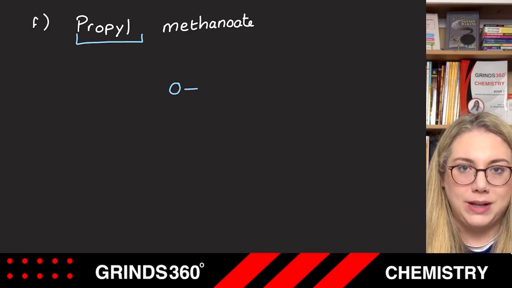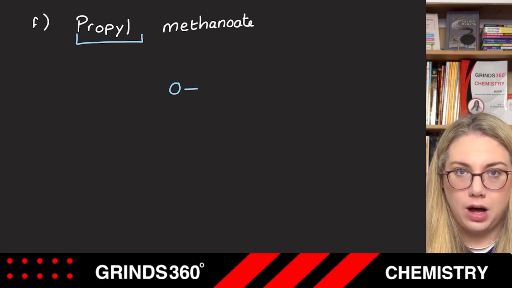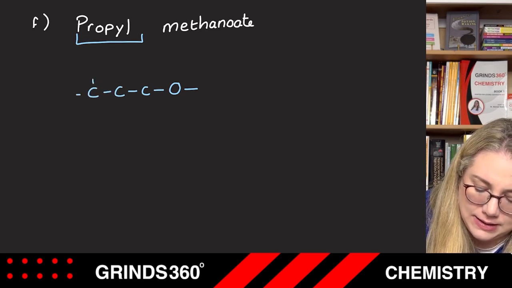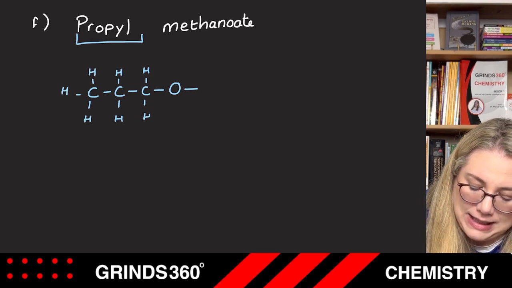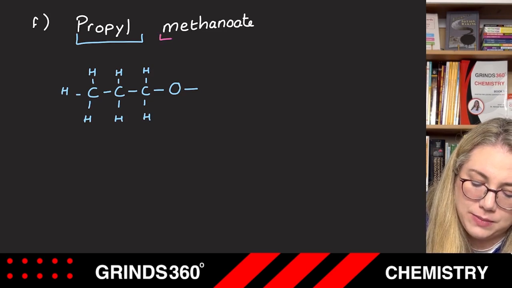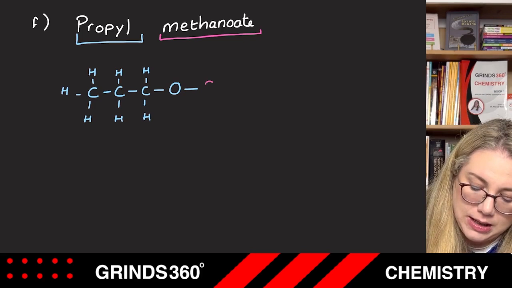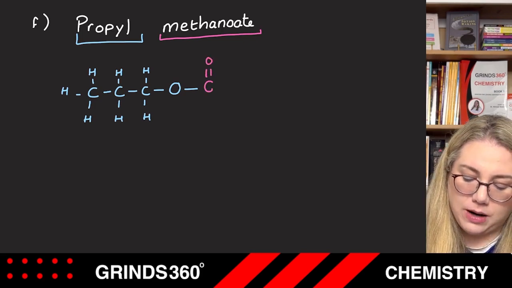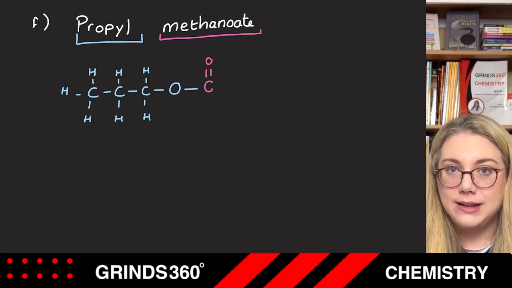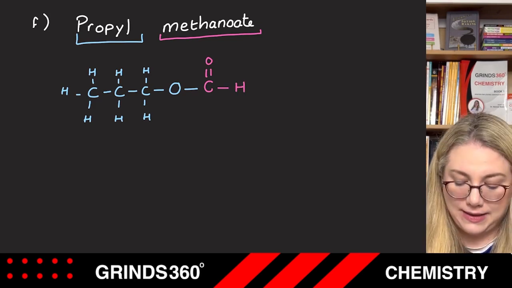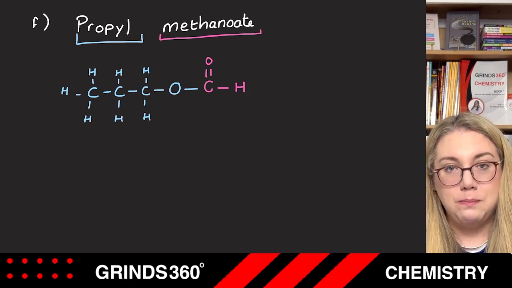But if it's propyl, it had to come from propanol, which means there should be 3 carbons after the oxygen, like that. Then methanoate. This is the bit from the carboxylic acid. It comes from methanoic acid. So I draw in my C double bond O from the carboxylic acid, but because it's methane, there's only 1 carbon. So that will end in just a hydrogen, like that. So that is propyl methanoate.